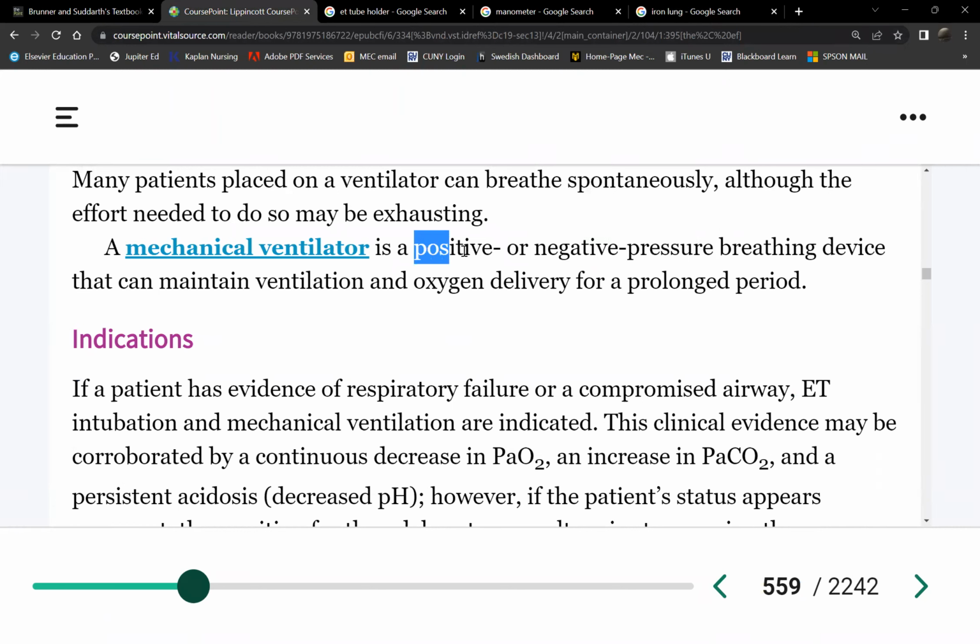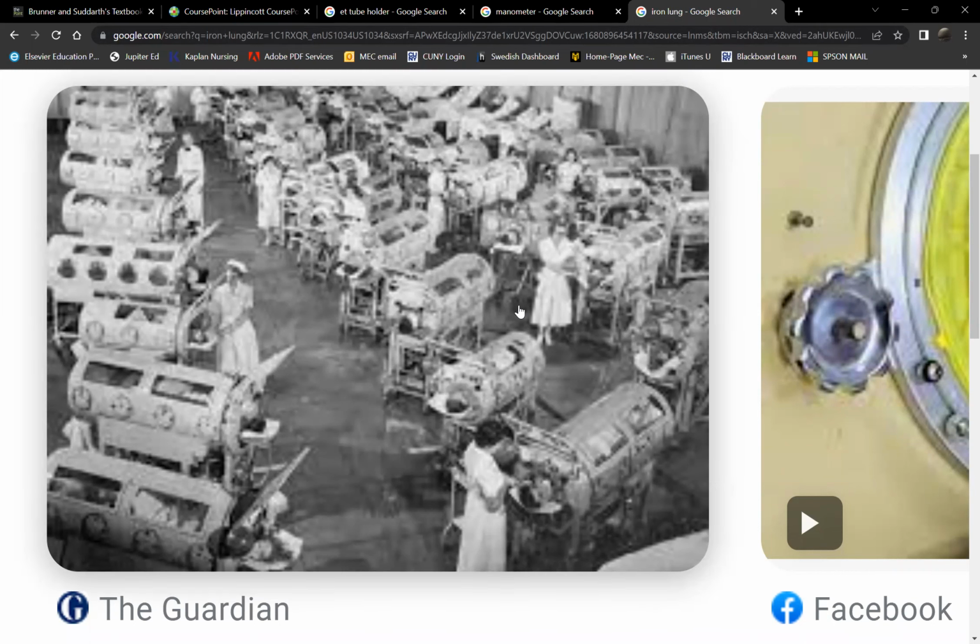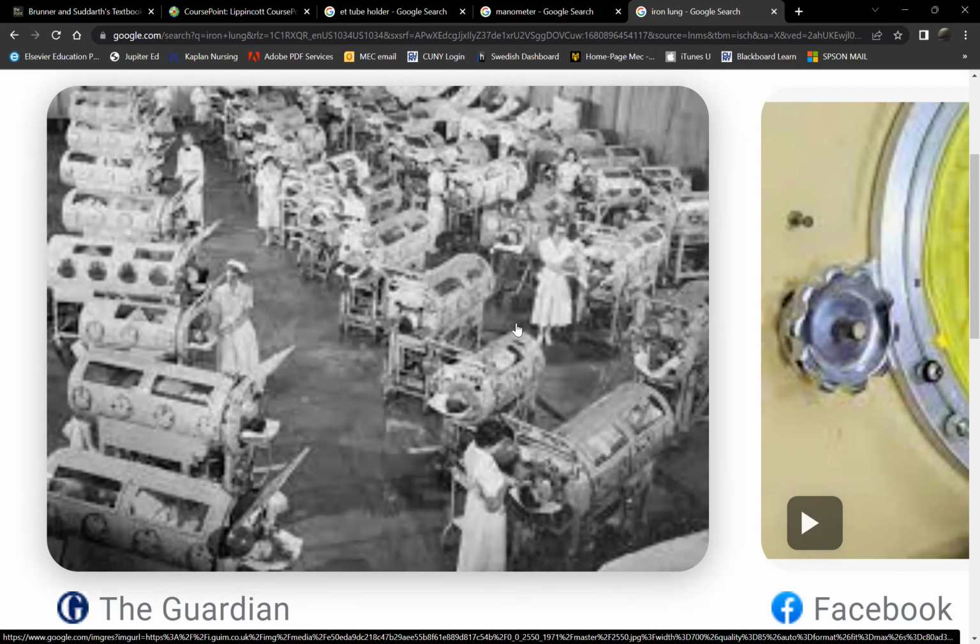So now we only have positive pressure ventilators. All ventilators now are positive pressure, because negative pressure ventilators tried to imitate the human body. How do we breathe again? Human beings breathe how? Are we positive or negative pressure ventilators?